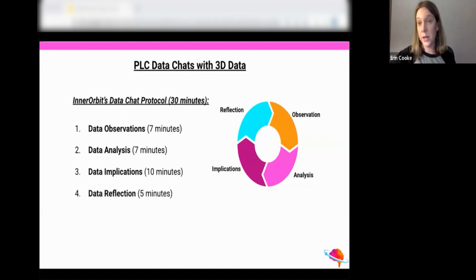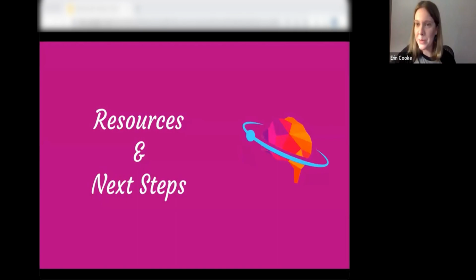And it can be as quick as 30 minutes that you take some time to observe the data, do a little bit of analysis, think about next steps, and then reflect. So you're just making those small instructional tweaks as you go. You don't have to be drowning in data all the time, but just taking the moment to pull some analysis, talk with some colleagues about what can we do about that, and then move on is exactly what we aim to support y'all with.